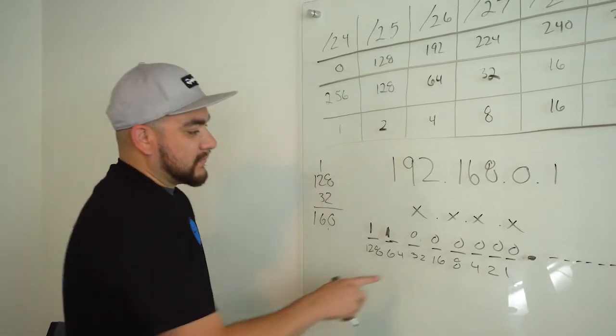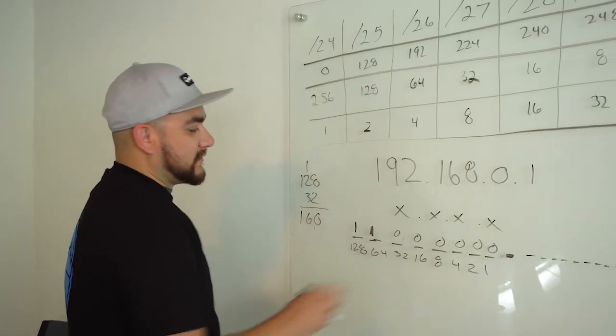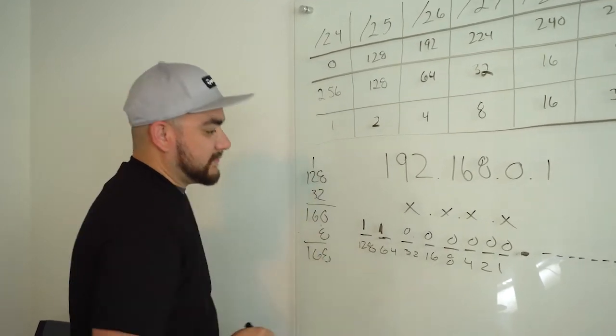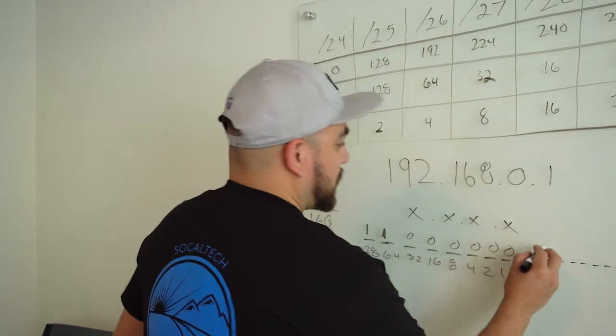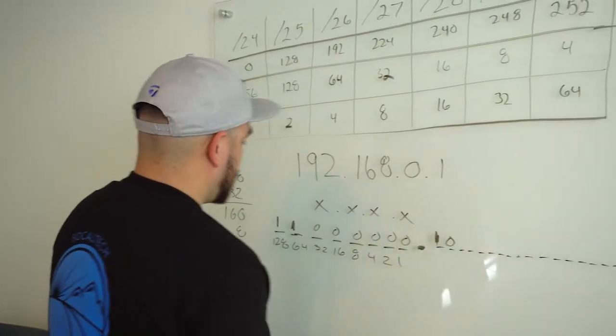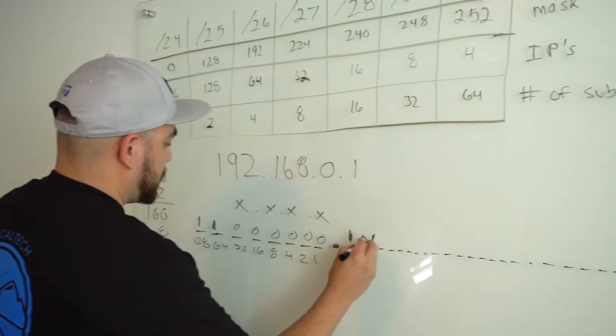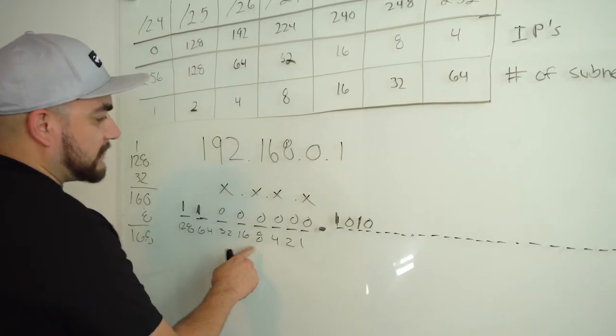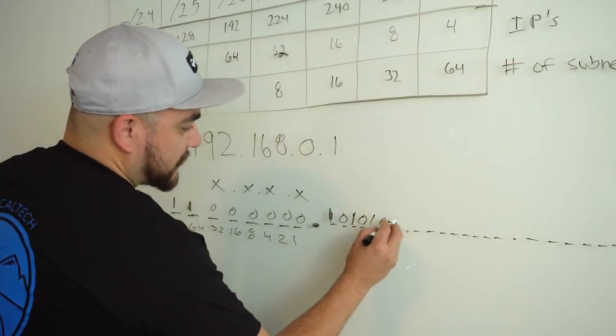Okay, so going down the line, 8. Let's turn on the 8 bit. That gets us 168. So we turn on the first bit, turn off the second bit, turn on the third bit, turn off the fourth bit, the 16, and the fifth bit, 8, we turn on, and the other ones are turned off.